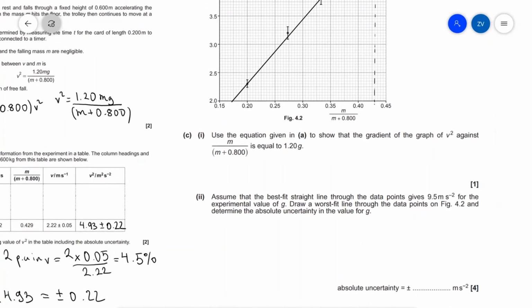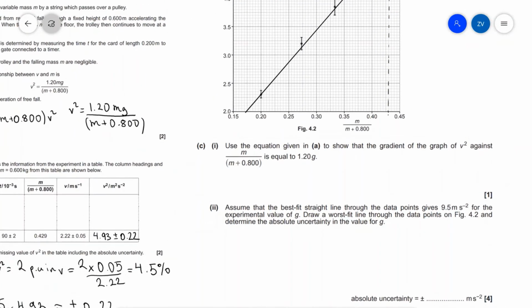Okay, next one. Use the equation given in A, which is just given over here, to show the gradient of the graph of v squared against m over m plus 0.800 is equal to 1.2 g. Okay, well, let's rewrite the above equation. So v squared is equal to 1.20 times, rather than mg, I'm just going to write gm in this case, so gm divided by m plus 0.800, like so. Let's just compare this with y equals mx plus c.